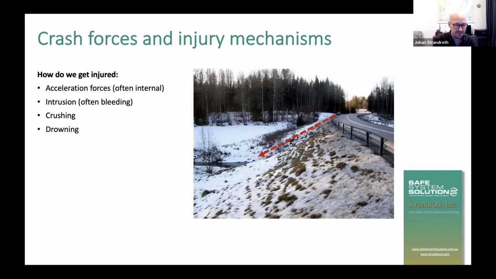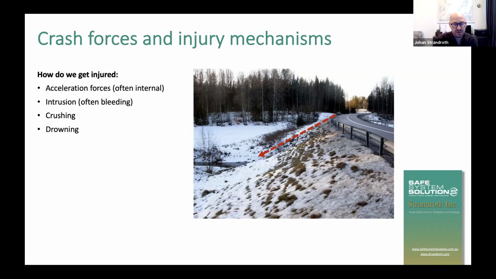But in this case, it's Sweden, it's right-hand traffic, and you can see there's a small river running under this road. And what happened was that the car lost control, and we will look at that a bit differently a bit later on this case.